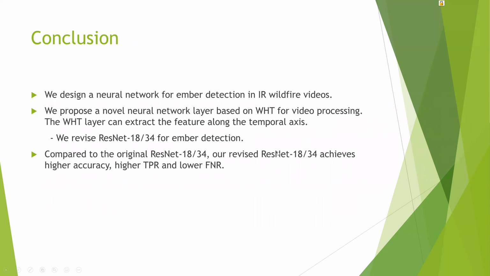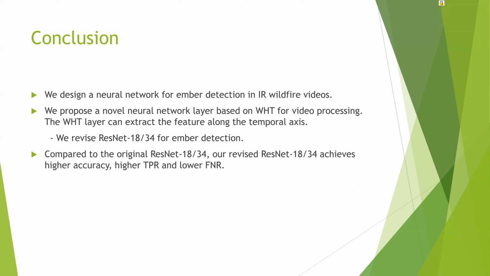Okay, now let's make a conclusion. So today we designed a neural network for Ember detection in IR videos, and we propose a novel neural network layer based on the Walsh Hadamard transform for video processing. So this layer can extract features along the temporal axis. We revised ResNet 18 and 34 for Ember detection.